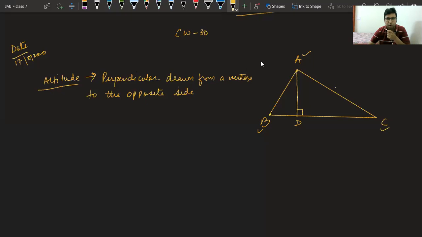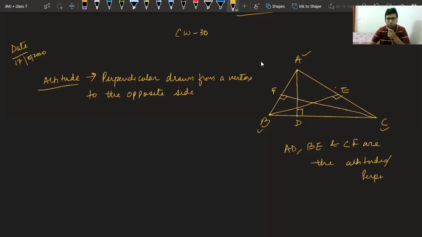If I draw a perpendicular from B to AC like this, then BE is also an altitude. Similarly, if I draw a perpendicular from C to the opposite side, that is also an altitude. Yes, perpendicular means a line standing at an angle of 90 degrees. So we can say AD, BE and CF are the altitudes or perpendiculars.